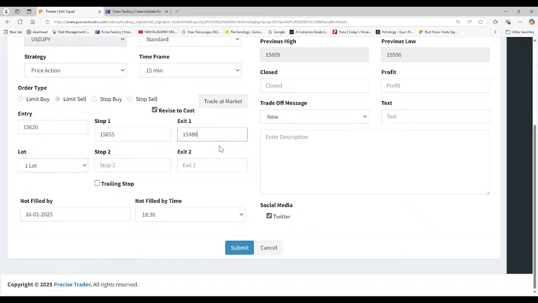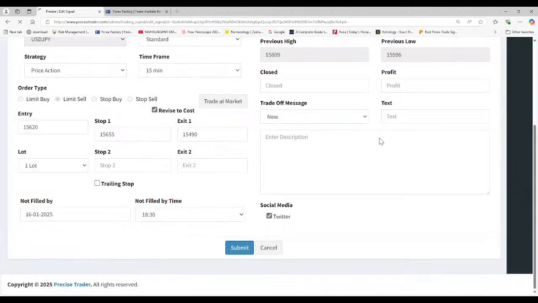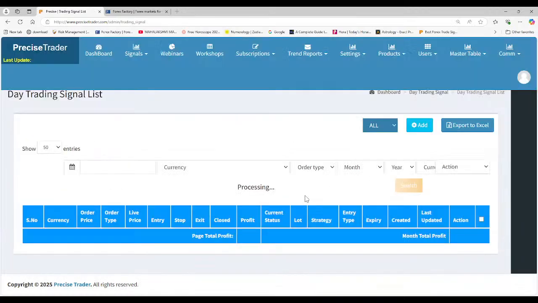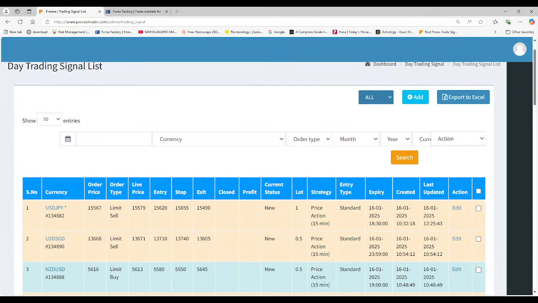Then the target, I think we'll raise it by 10, because the levels say 154.80, so maybe we'll give about 10 pips away from that price. So we can go for another sell.